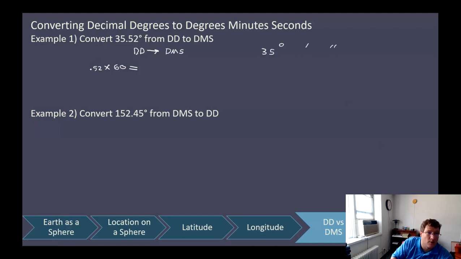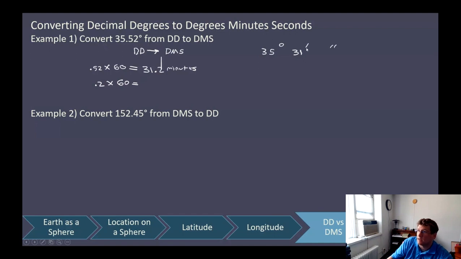If we do the math on that, we get 31.2 minutes. We take the whole number from here, and that becomes our number of minutes. And then we take the fractional proportion to the next minute, so this 0.2, we multiply that by 60, because there's 60 seconds in a minute.